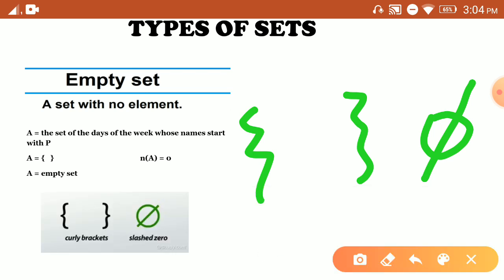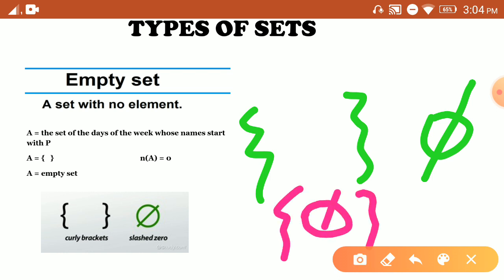It is not something like this: a curly bracket inside a slashed 0. The symbols which we use for the empty set are empty curly brackets or slashed 0. Do not combine the symbols, it is wrong.